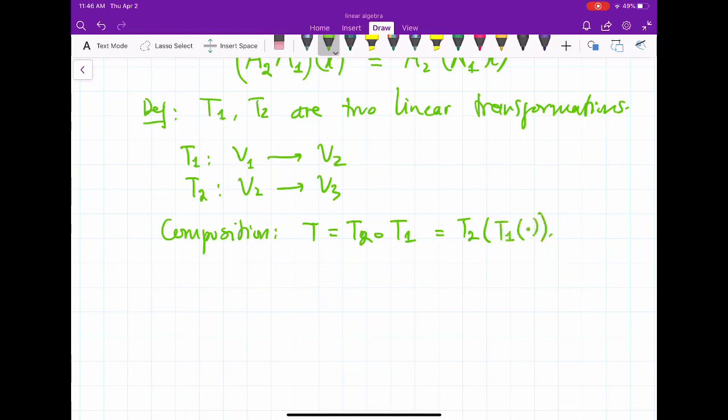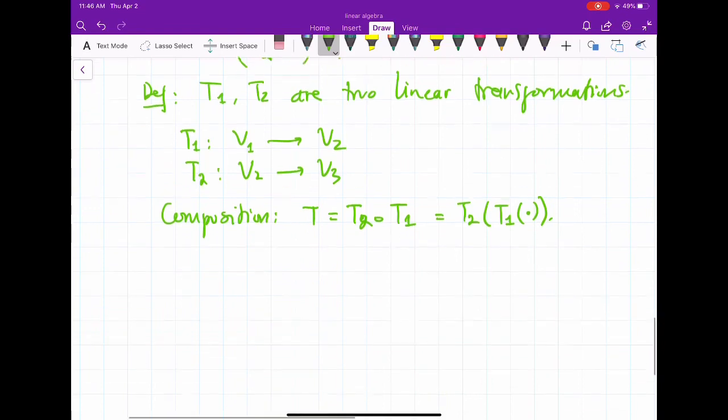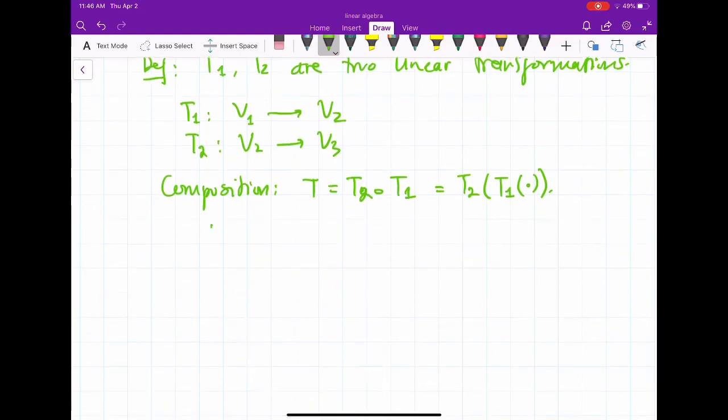And here I say just dot, meaning in case you have a vector, you just write the vector right there. And A_T is equal to A2 times A1. All right?